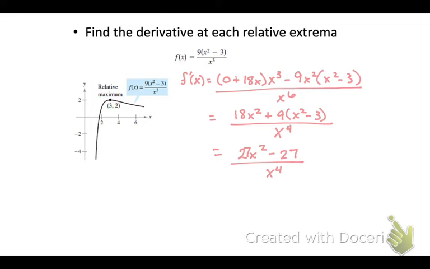Okay, did you get 27x squared minus 27 over x to the 4th? Hold on a second. Oh, I thought you were done. I thought I was just being slow.